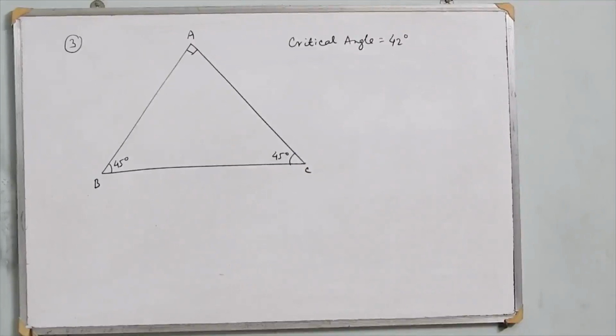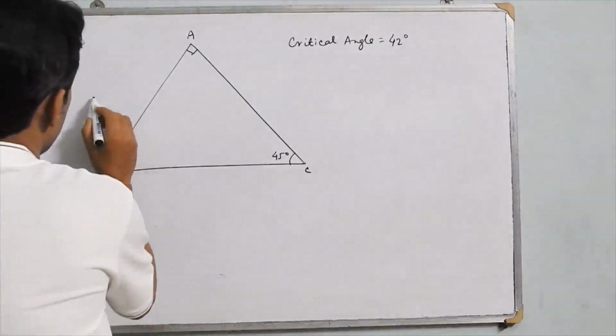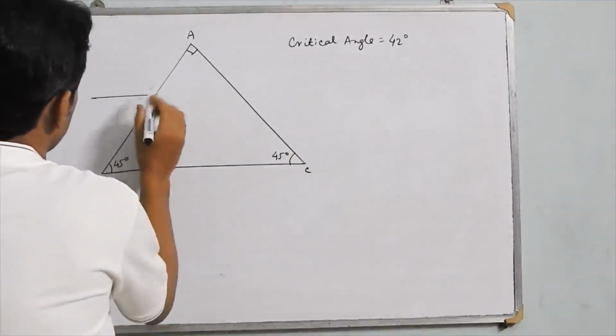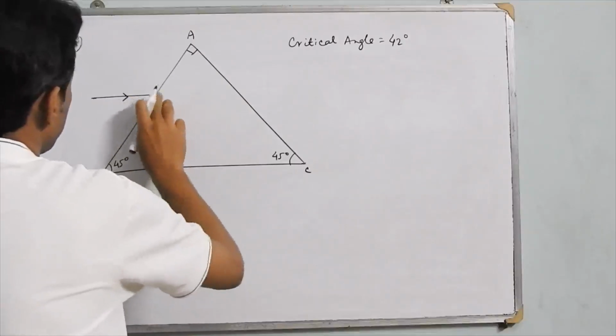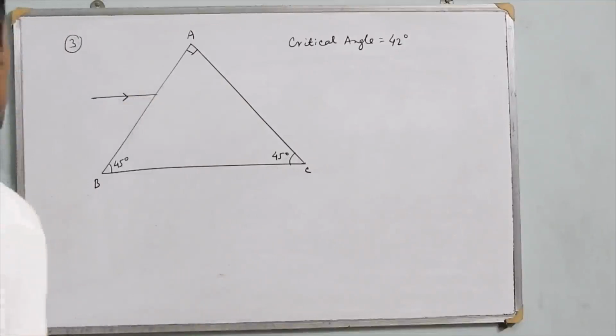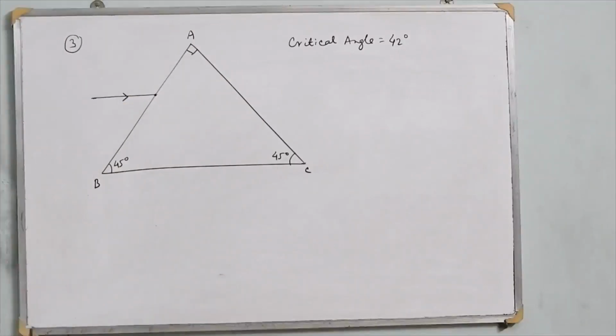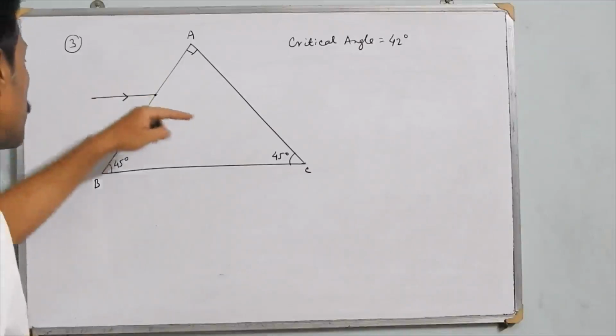So let me take another example of that right angled isosceles prism. The critical angle between glass and air remains same, that is 42 degree. So now suppose a ray of light is moving parallel to the base of the prism. Suppose this ray of light is moving parallel to the base BC of the prism and it strikes at some point on the surface A. So the light is moving from rarer to denser medium.